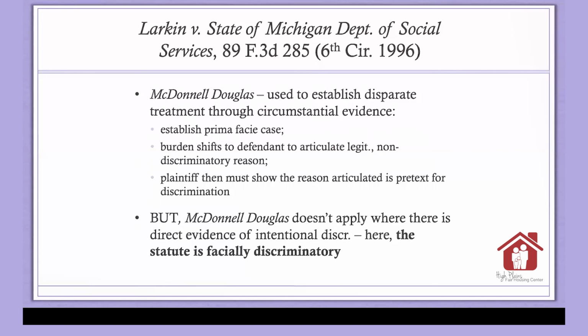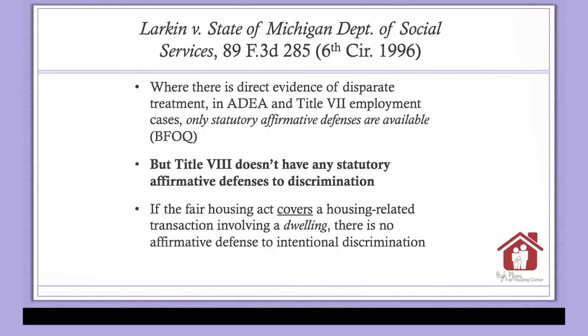Here, the court points out, the statute is facially discriminatory. We already can see that the treatment is being made because of membership in a protected class of persons with disabilities. So where there's direct evidence of disparate treatment in age discrimination and other employment discrimination under Title VII, the only statutory affirmative defenses that are available are those that involve a bona fide occupational qualification, right?